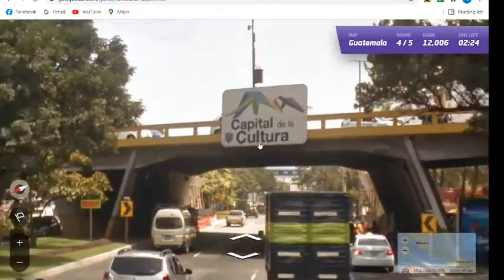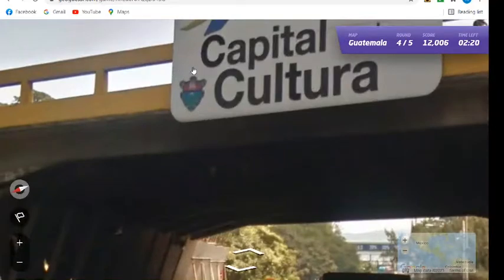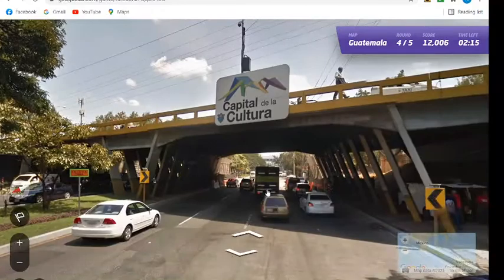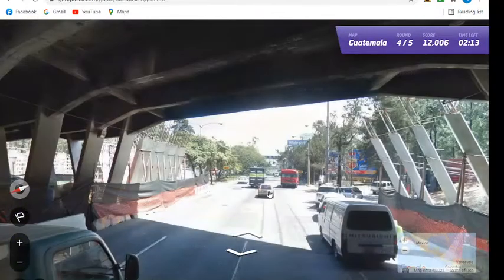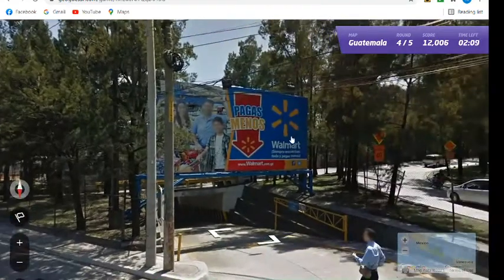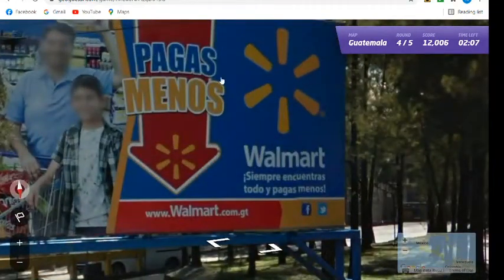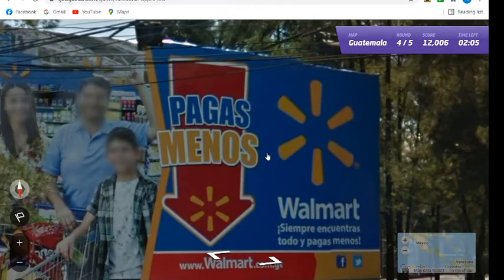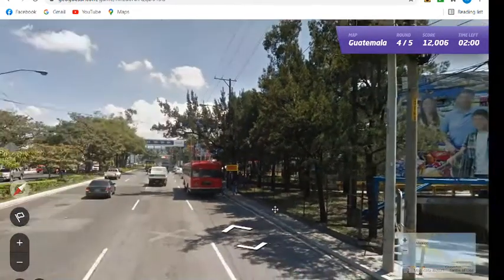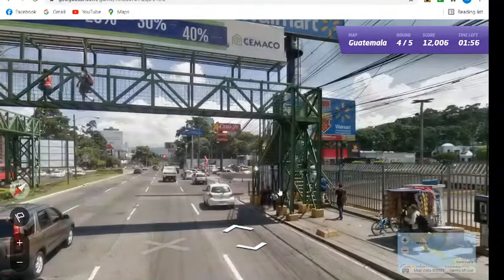Let's see. So we have Capital de la Cultura, and there's this logo here for a city, but it doesn't say which one it is. So I'm thinking this is someplace relatively large, possibly Guatemala City. There's a Walmart ad. Walmarts are very common in Mexico and Guatemala, as well as the United States and Canada.